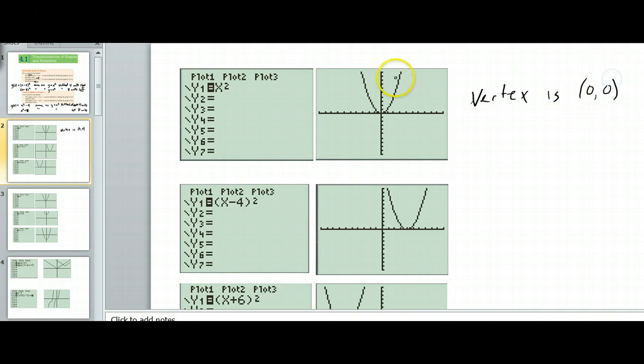Alright, the vertex meaning that point where it changes direction. Alright, well, what does this do? According to what we just said above, this shifts it 4 units to the right. So there's 1, 2, 3, 4 on the x-axis. So now the vertex is 4, 0. Okay, because it's been shifted to the right.